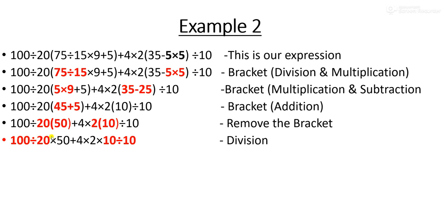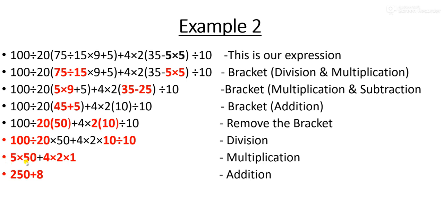So 100 divided by 20 into 50 plus 4 into 2 into 10 divided by 10. 100 divided by 20 is 5, so 5 into 50 plus 4 into 2, and 10 divided by 10 is 1. After division we do the multiplication. 5 into 50 is 250 plus 4 into 2 into 1 is 8. So 250 plus 8 will be 258.